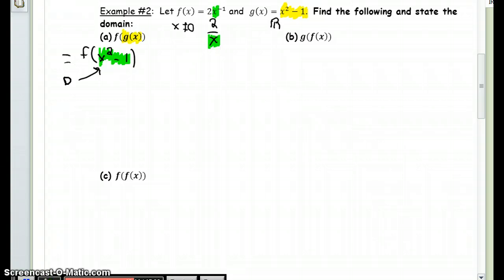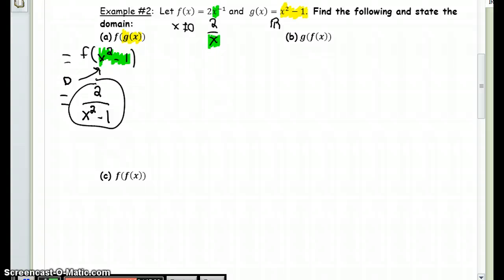This is equal to 2 over x squared minus 1. This entire piece goes in for x. All right, now this is actually done for f of g of x.